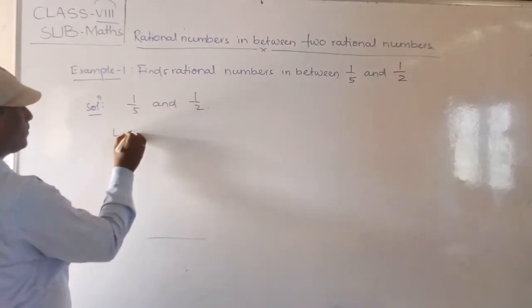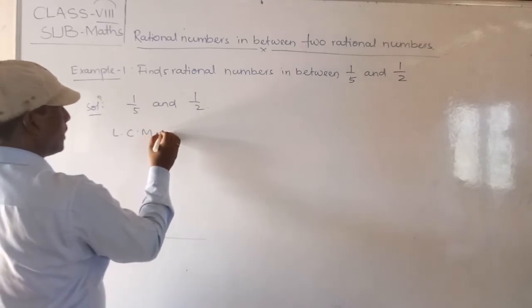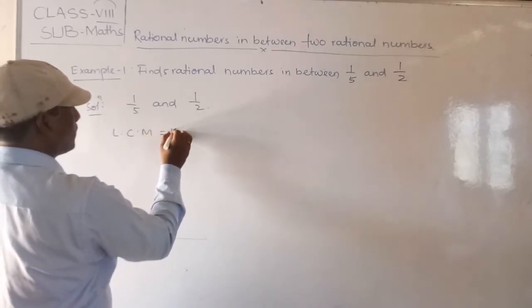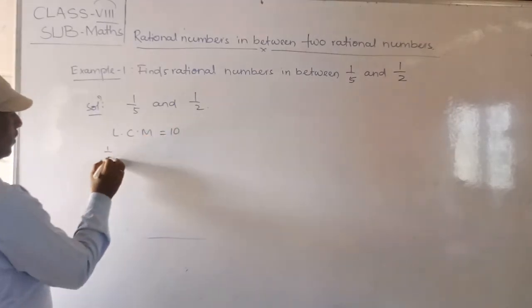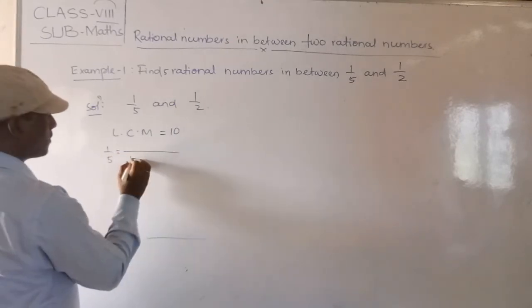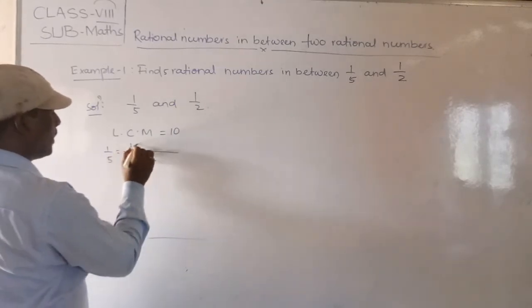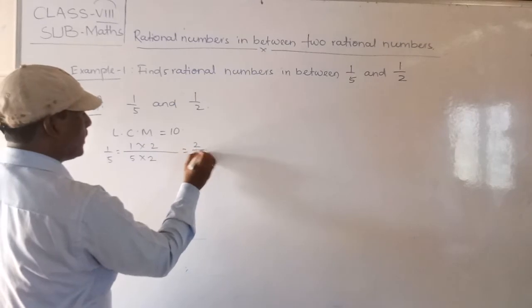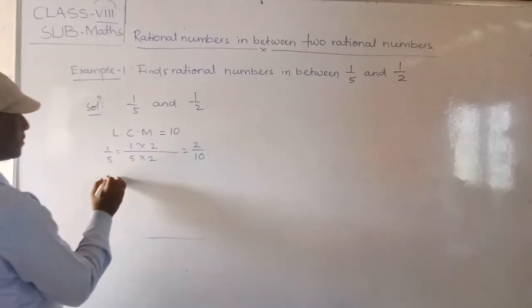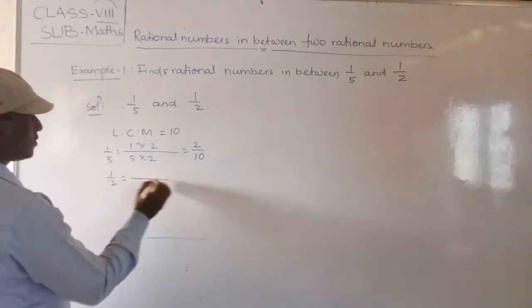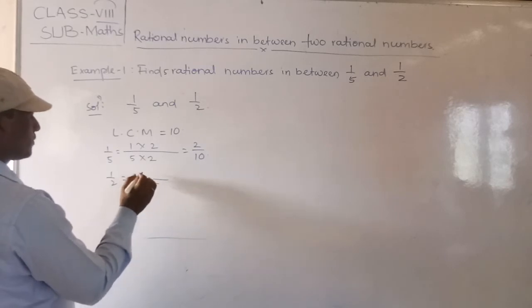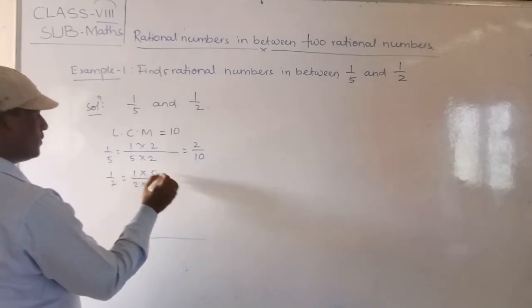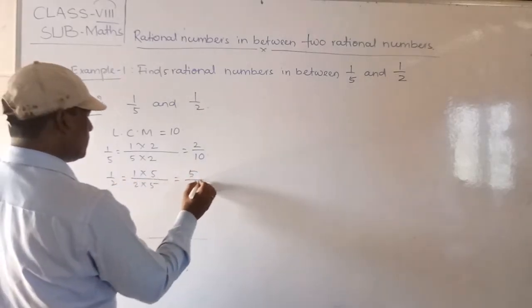The LCM, how much students? LCM is equal to 10. So now 1 by 5 is equal to 1 into 2 by 5 into 2, which is 2 by 10. Next, 1 by 2 is equal to 1 into 5 by 2 into 5, which is 5 by 10.